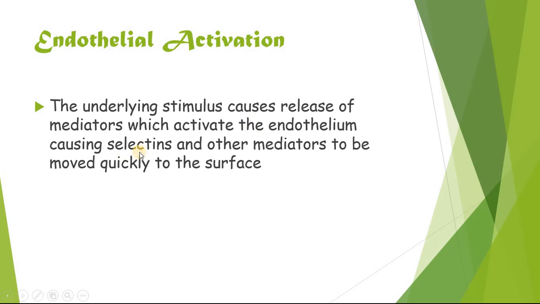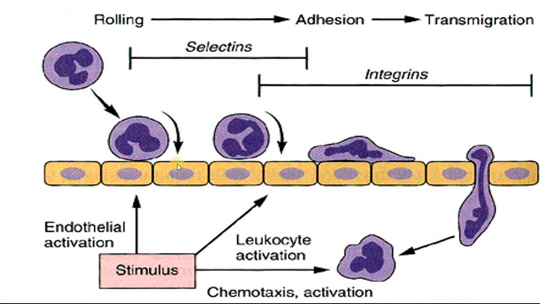The endothelial cell shows selectins and some mediators. Due to selectins, the accumulated, peripherally positioned cells roll and bounce again and again on the surface of the endothelium, due to the weak bonding of selectin.